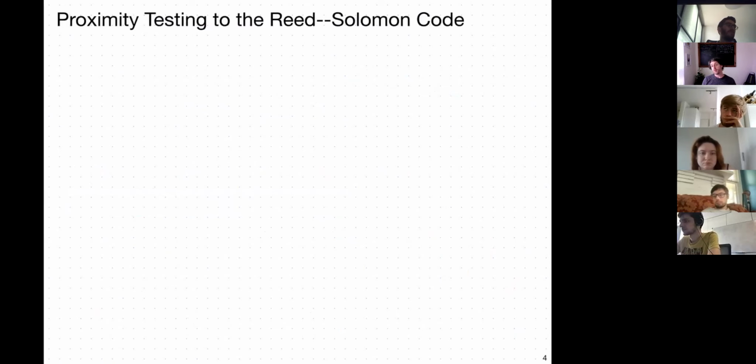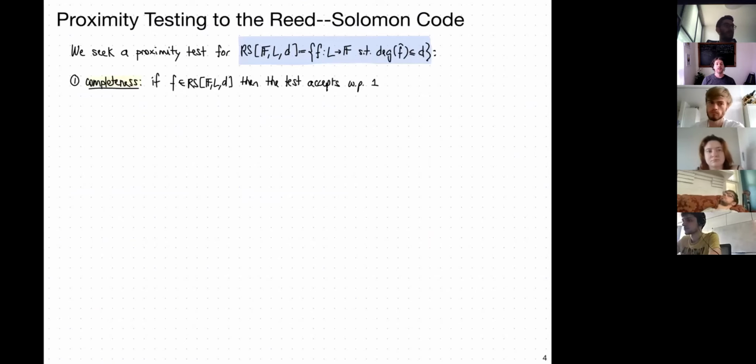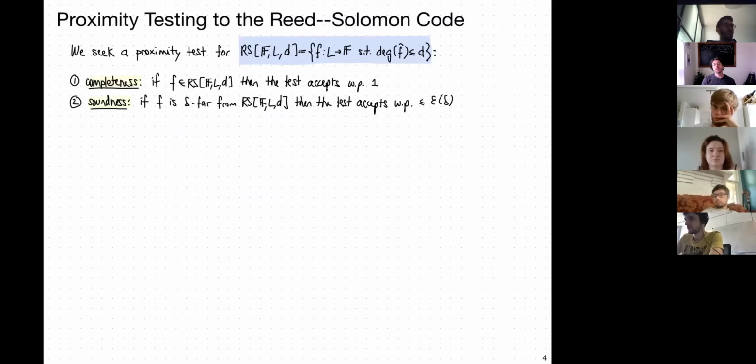So let me state the problem that we want to solve. We want to find this proximity test, this property testing for Reed-Solomon. So what does it mean? We want that if somebody gives us a valid code word, we'll accept with probability 1. And if somebody is giving us something which is far from a valid code word, then we'll reject it with probability which is close to that distance.